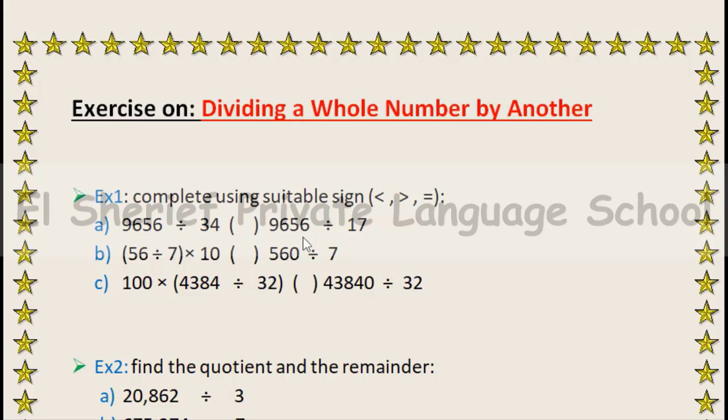As you know, and I will remind you, if we have the same dividend but a different divisor, the smallest divisor, the greatest quotient.